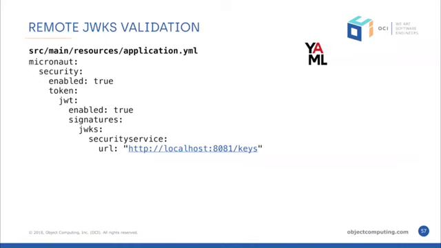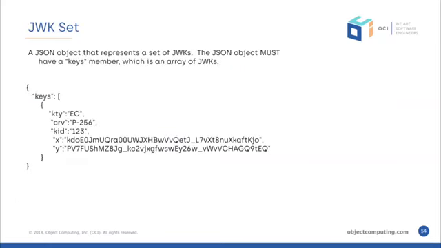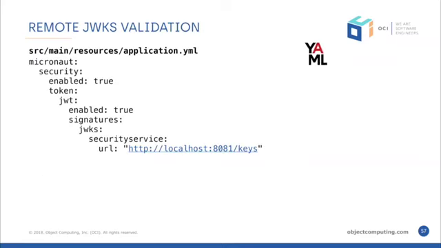This expects a payload of this structure, and if a payload of that structure is received, then it will create the necessary signature configuration. It will also attempt to refresh the keys periodically.